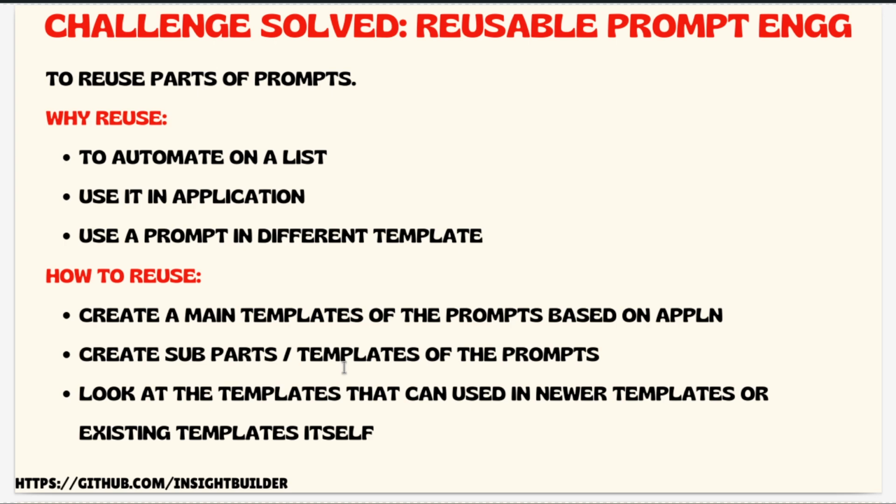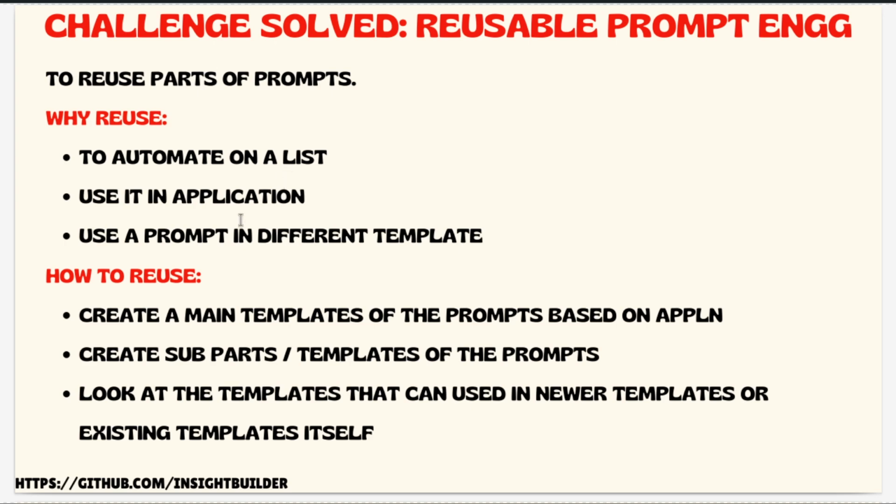So what will happen is you can create a kind of a structure or a skeleton prompt, and in that skeleton prompt you can add additional details. I'll be showing you how it works. It's easier to show you than to explain what is happening. We can use the prompt in loops, where you can automate it on a list of items.